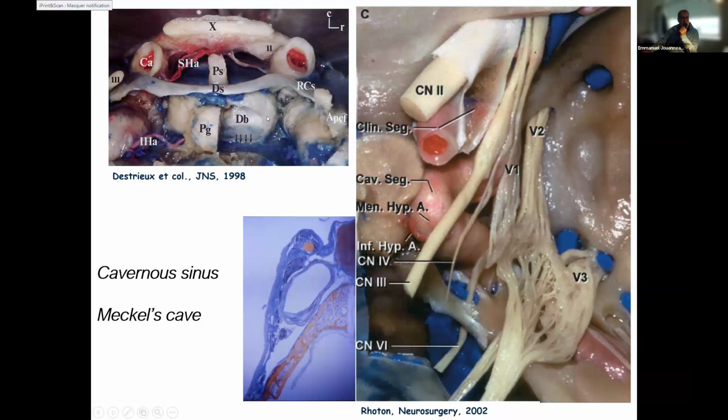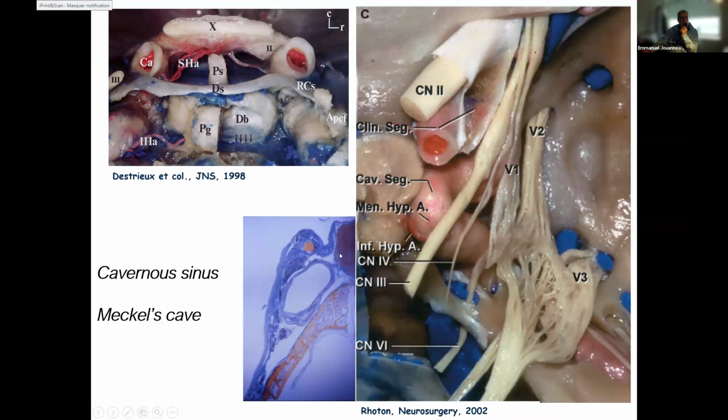You can see here on both sides the cavernous sinus, and you can see that the medial wall of the cavernous sinus is a very thin structure. You have the tuberculum of the sella, and the cavernous sinus ICA. You can see here the inferior hypophyseal artery. So it's quite a narrow space, the pituitary fossa, in between the cavernous sinuses.